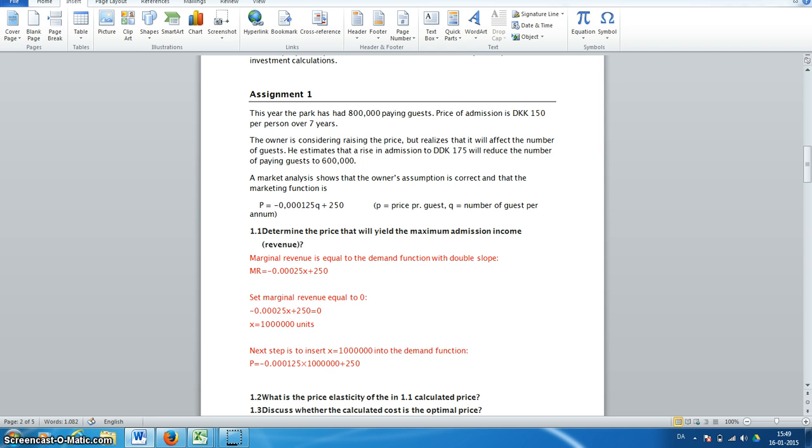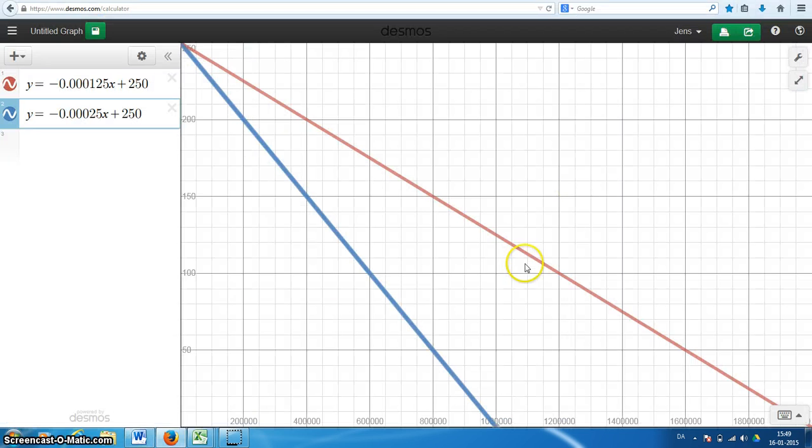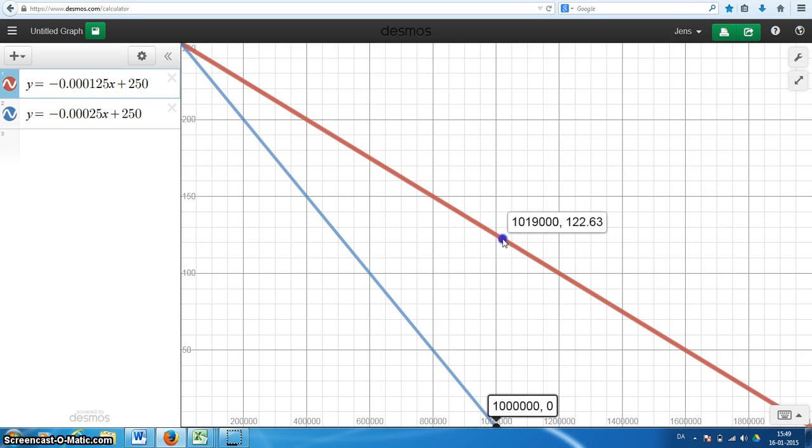Now we could solve that equation, but we can also read the answer graphically, because what we should do is find the value on the demand function for a quantity of 1 million units, and the equivalent price is 125, as we can read here from the graphical calculator.